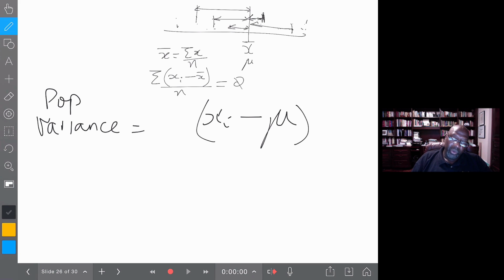So in each case, we square it, and that's how we get rid of the negative signs. So we don't have negatives canceling out positives. We square them, and we add it all up. And then if we divide by the number of values that we have, we call that the variance. And then if we take the square root of that, we call it standard deviation.